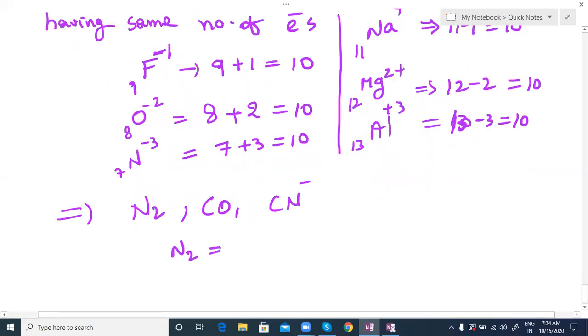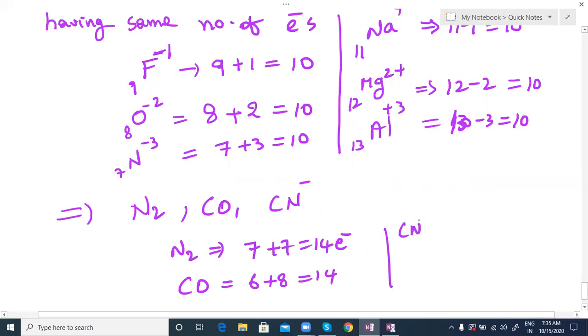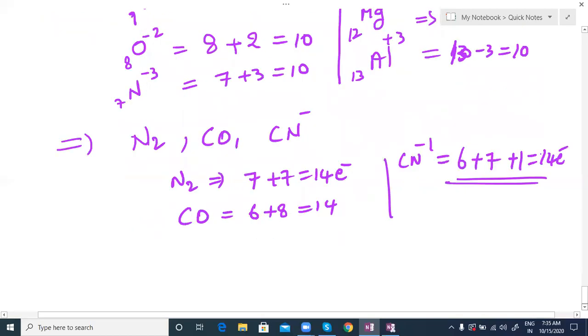N2 means two nitrogens, each with 7 electrons, total 14. CO, carbon 6 plus oxygen 8, total 14. CN minus, carbon 6 plus nitrogen 7 plus 1 extra for the minus, total 14 electrons. All have the same number of electrons. Anyway, they have different physical and chemical properties, that is the common point.